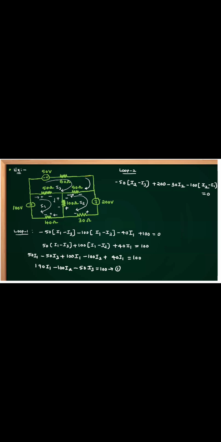Now simplify this. Minus 50 into (I2 minus I3) plus 200 minus 30 I2 minus 100 into (I2 minus I1) equal to 0. Simplify: minus 50 I2 plus 50 I3 plus 200 minus 30 I2 minus 100 I2 plus 100 I1 equal to 0.